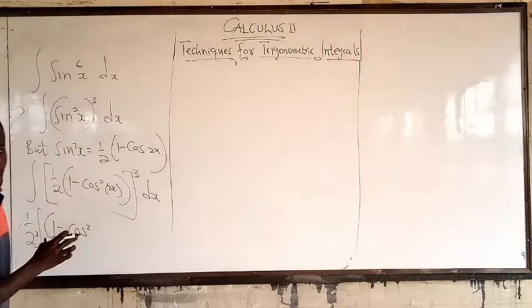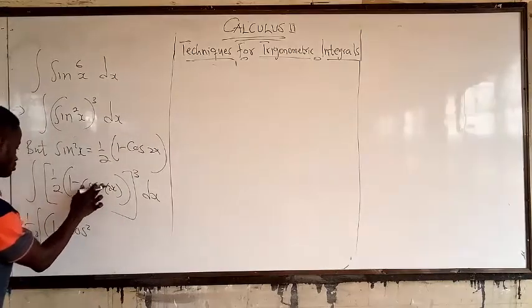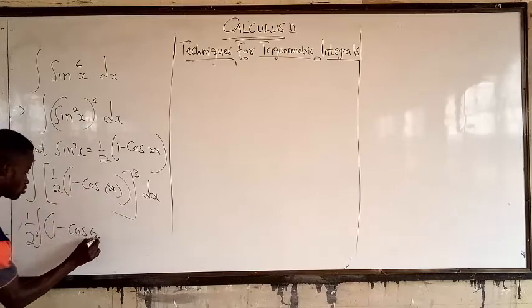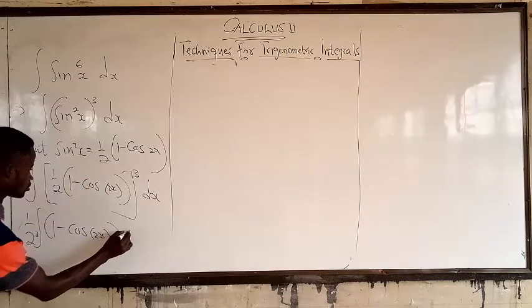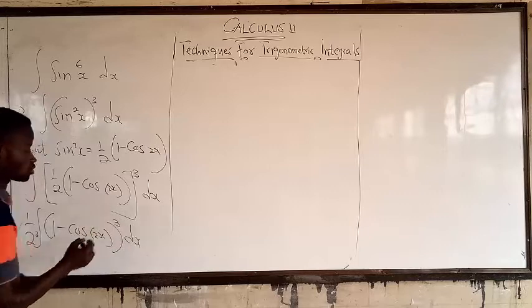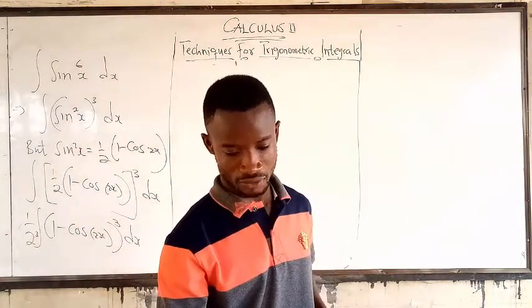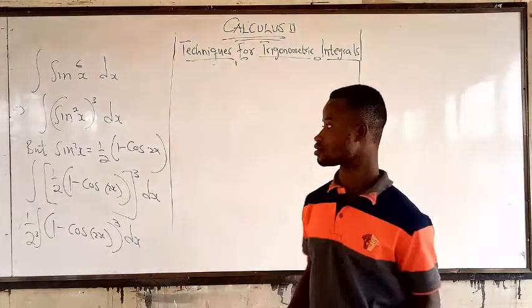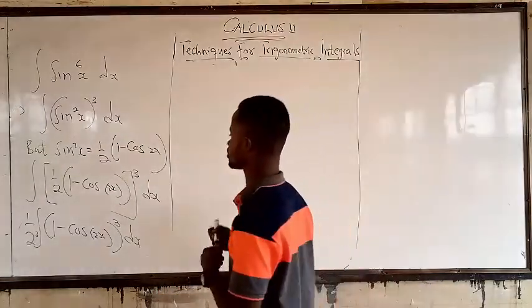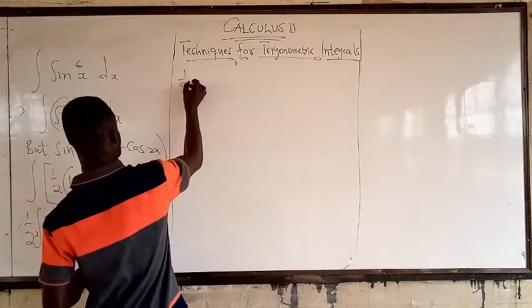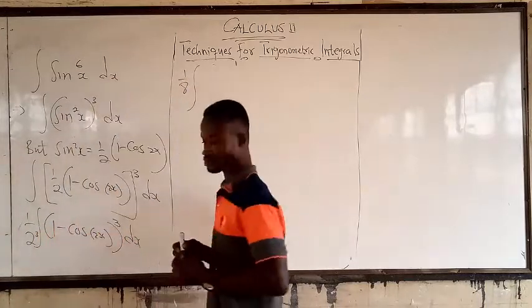There is no square here. So now this is what we have. We know that 2 raised to the power 3 is 8. Then the integral.